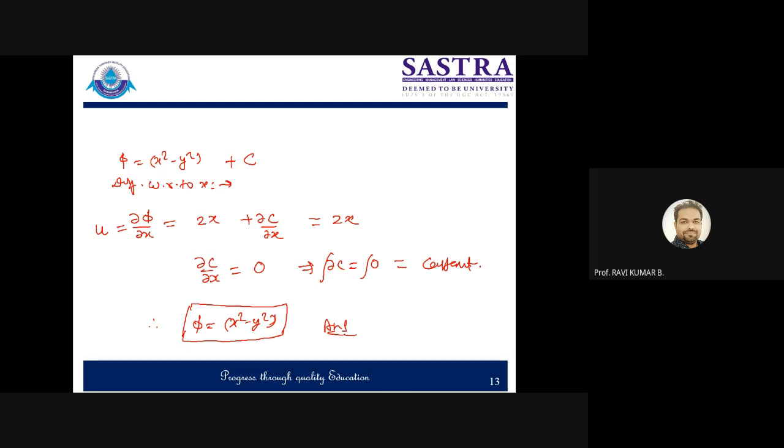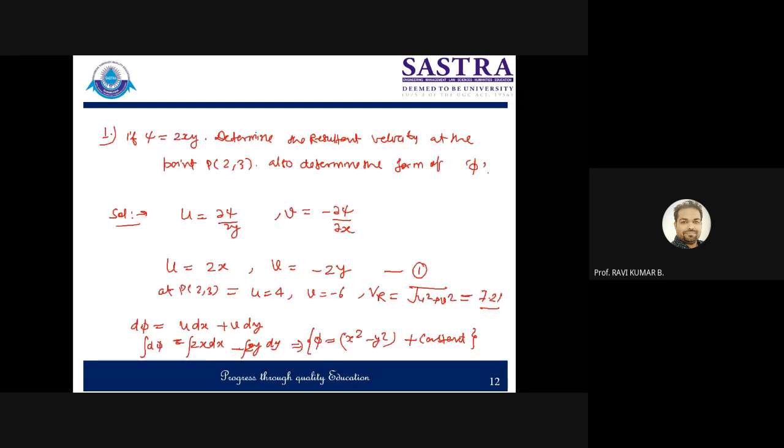So this kind of problem may be asked. This is the one problem which we have solved for the psi, and the same sort of equation may be given for phi, and they will be asking you to calculate the velocity, or velocity components at any point, or they may be asking, if phi is given, find out the psi.